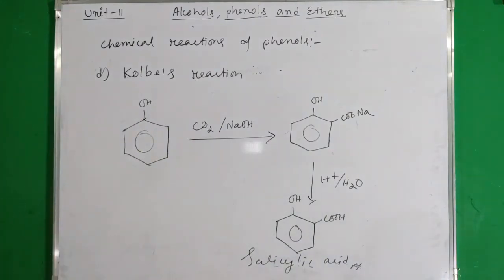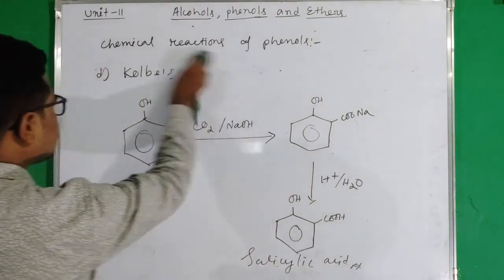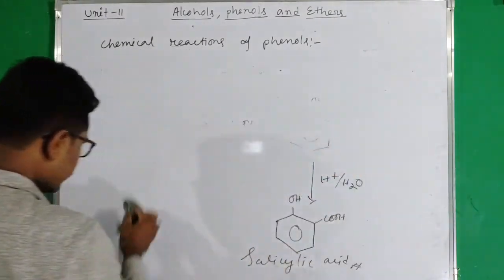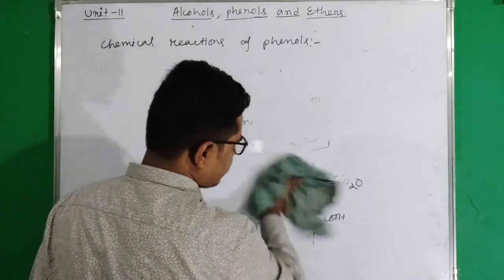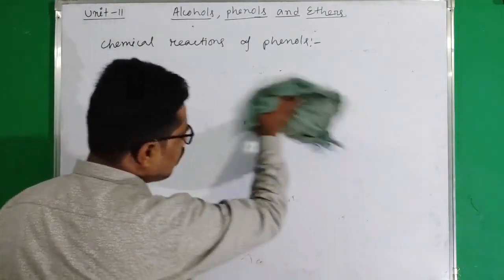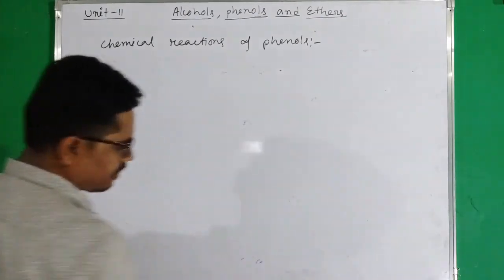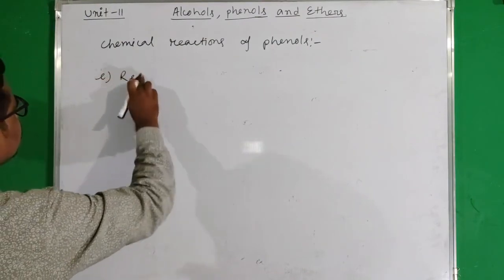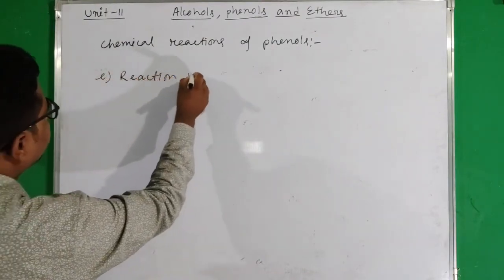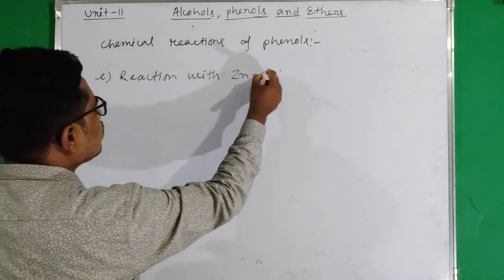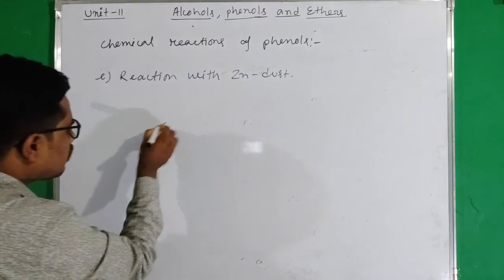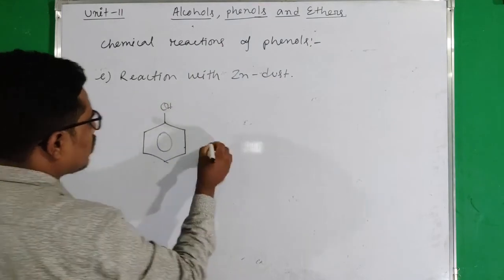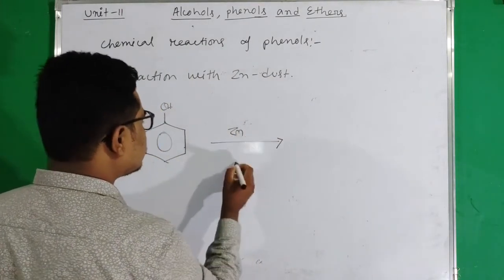And then the final reaction of phenol is reaction with zinc dust. That means phenol is heated with powdered zinc. And then number E, reaction with zinc dust. In this case, the phenol is heated with zinc.